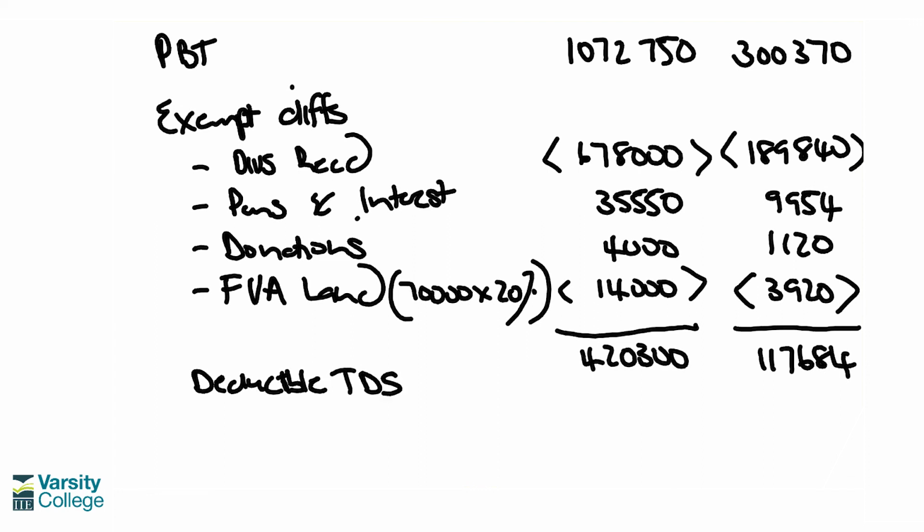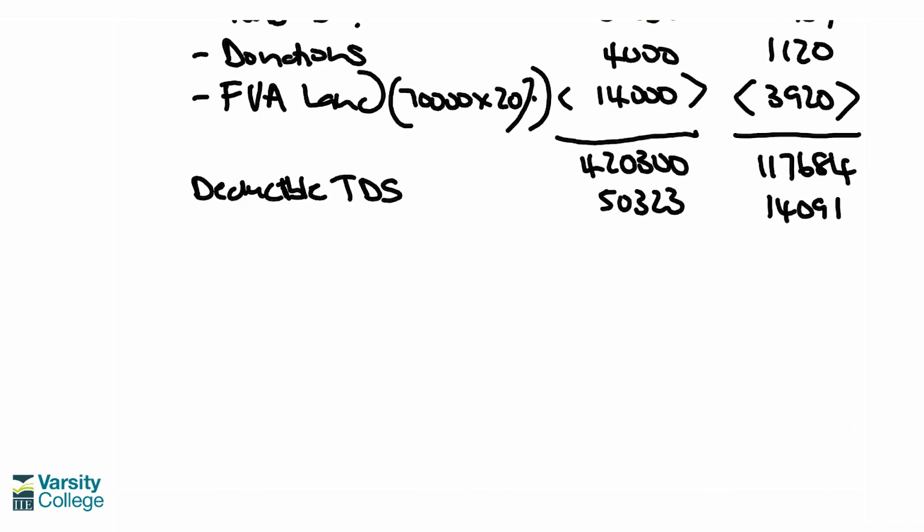So deductible temporary differences are 50,323. And remember, it is rather illogical, but a deductible temporary difference you add when doing your current tax calculation. I know it's illogical, but unfortunately, that's the rules. It's deductible in the future. That's why it's called deductible, but you add it now.